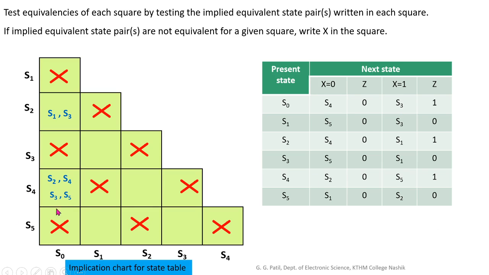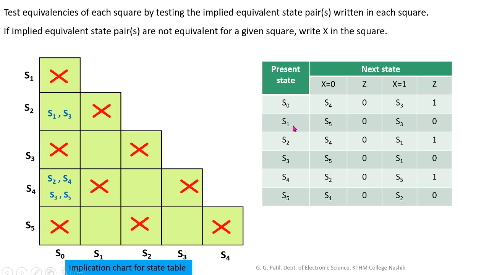So these two implied state pairs are entered in the S0 and S4 square. You can say S0 is equivalent to S4 if and only if S2 is equivalent to S4 and S3 is equivalent to S5. The next square is S1 and S3.